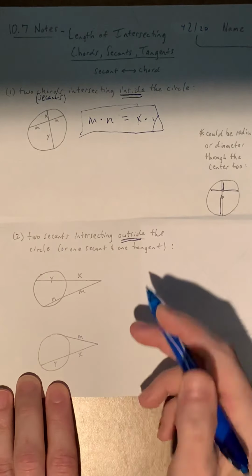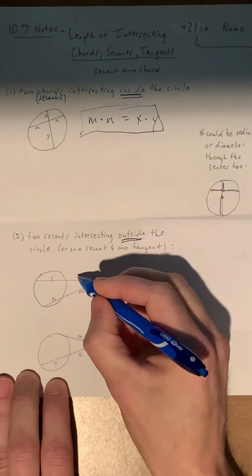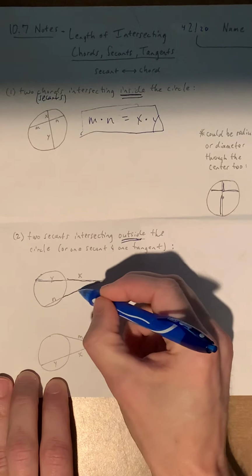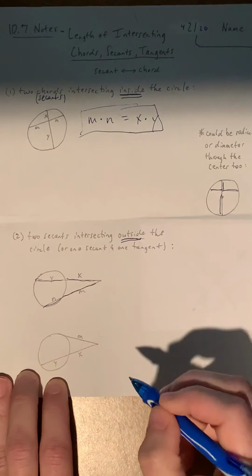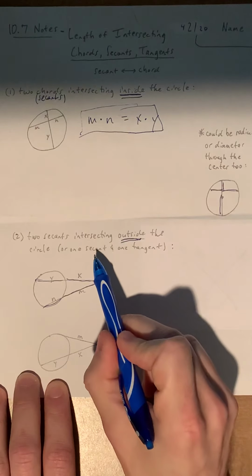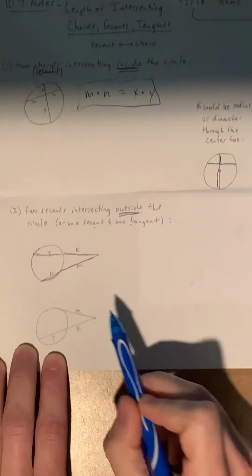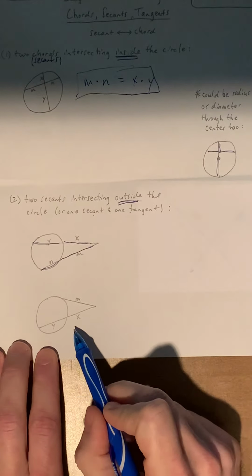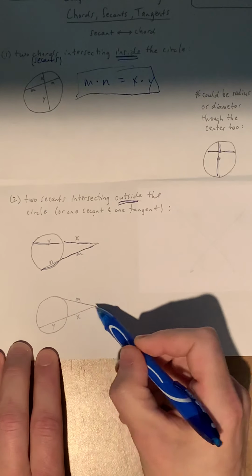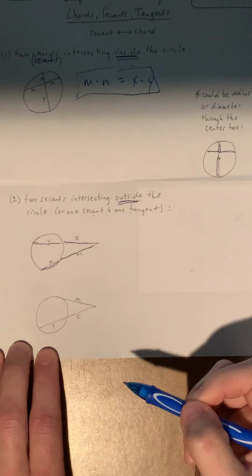You still have four pieces that are formed: two pieces here, two pieces here. This also works if you have one secant and one tangent, like the second figure. You just really only have three pieces there, but we'll talk about that in a second.